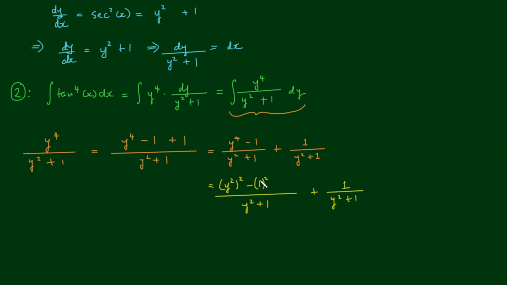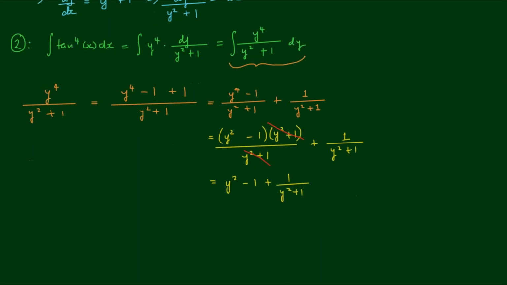So the numerator on the first fraction is the difference of two squares, and the difference of two squares can be expressed as y squared minus 1 times y squared plus 1. So now these two can cancel, and I'm left with y squared minus 1 plus 1 over y squared plus 1.